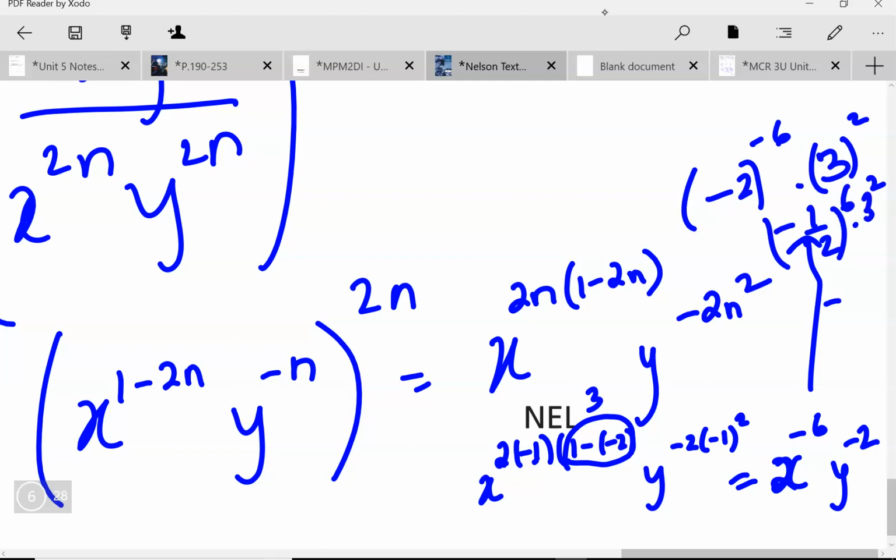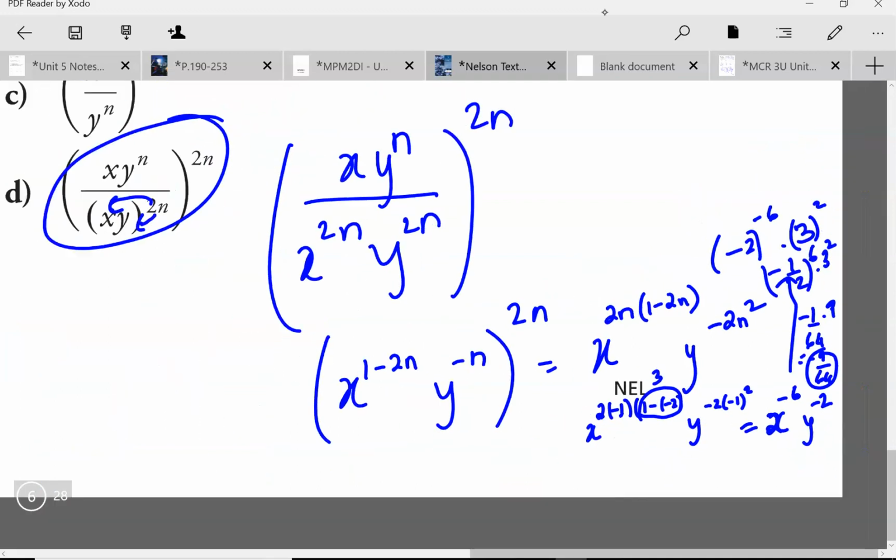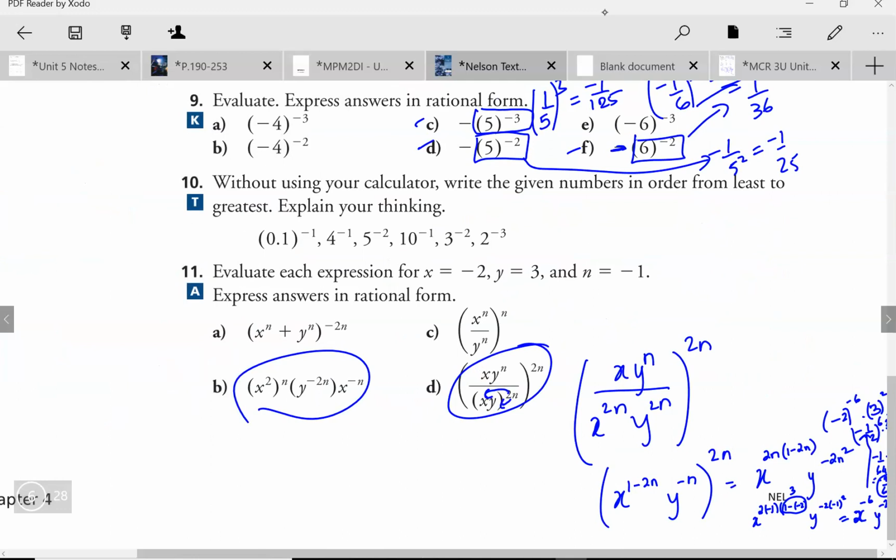This is negative 1 over 64 times 9, which is negative 9 over 64. That should be your answer. And again, it doesn't say simplify first, so technically you could put the values in here, but it's good practice to learn simplification with variables as well, not just numbers.